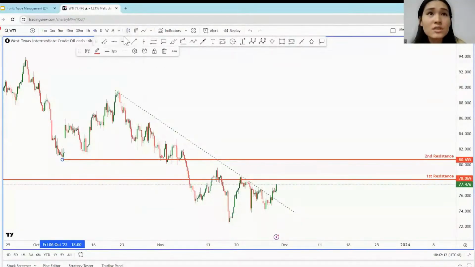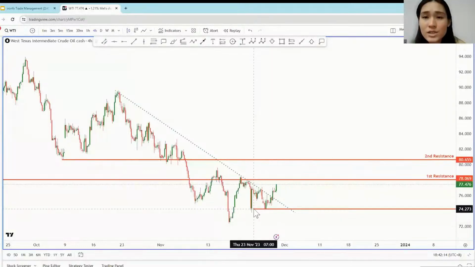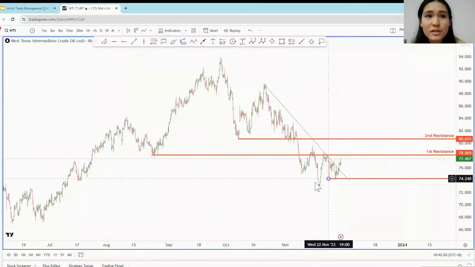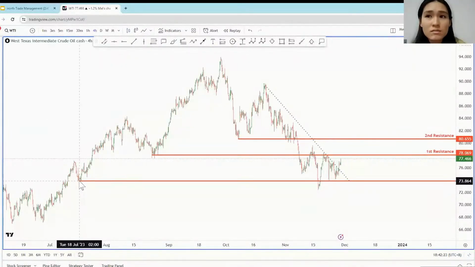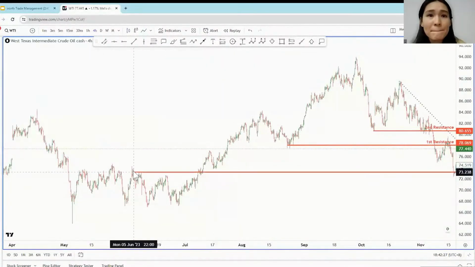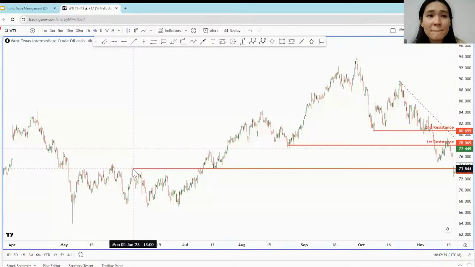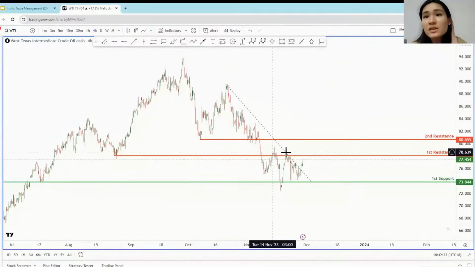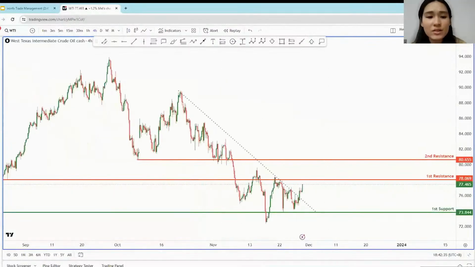Okay, second resistance, and then lastly, first support maybe just here. Okay, so let's see if we can pull any of these levels back. Okay, here. First support here.